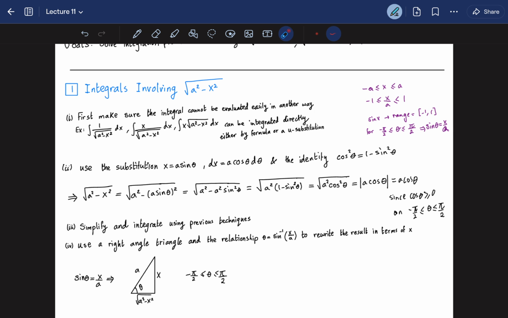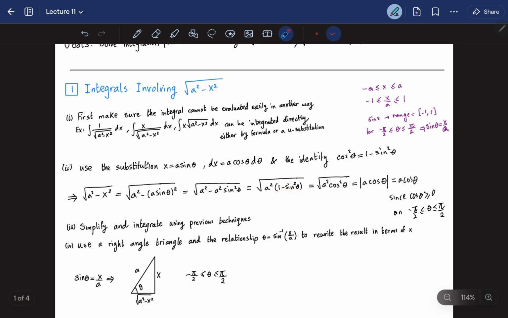So let's see why this works. If you have this square root that you're going to start with, and I'm using this substitution, once you plug it in instead of x, you're going to get a squared minus a squared sine squared. Then you're going to take a squared as a common factor, and you'll get 1 minus sine squared. But we know that 1 minus sine squared is just cosine squared.